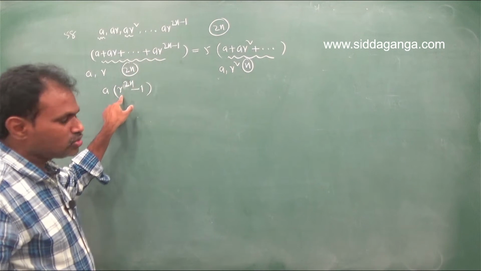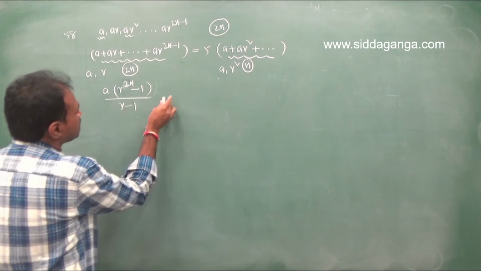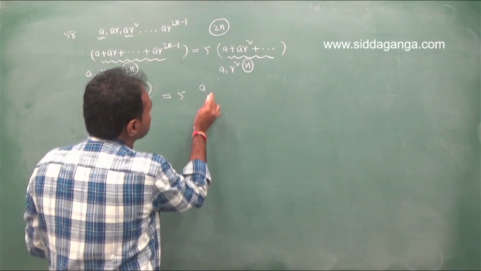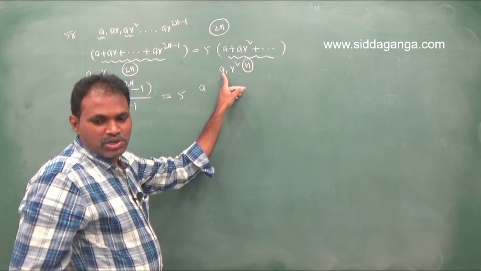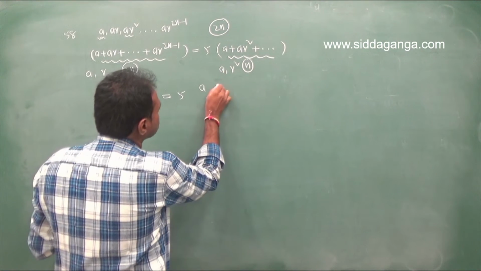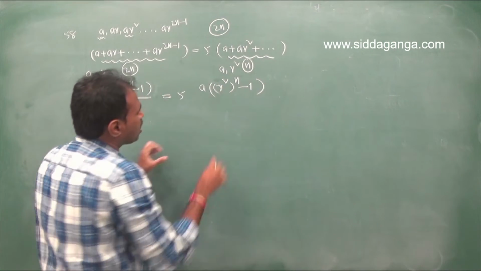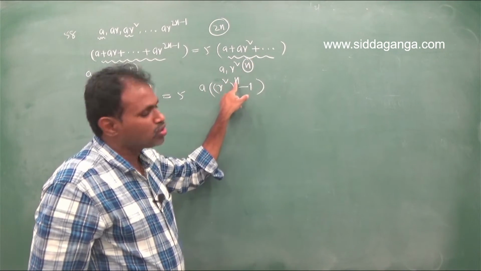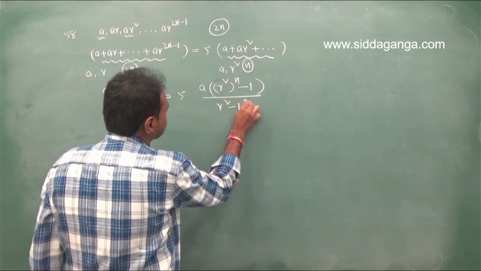It is equal to 5 times a into r square whole power n minus 1 by r square minus 1, since the common ratio is r square and there are n terms.